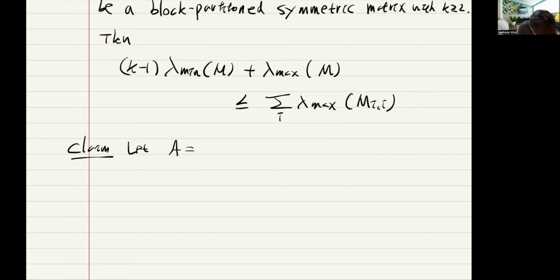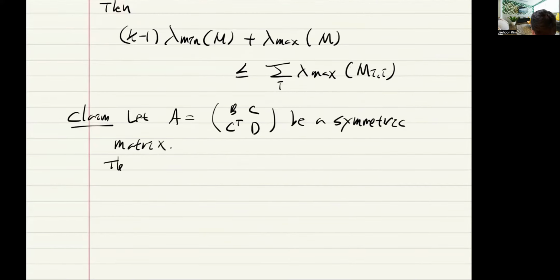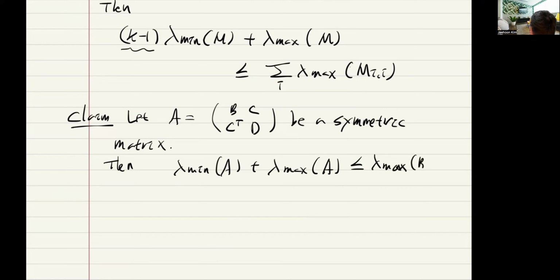So let A be the matrix with blocks B, C, C transpose, D, a symmetric matrix. And we claim that this is true. You take K equal 2 here, then you have this.